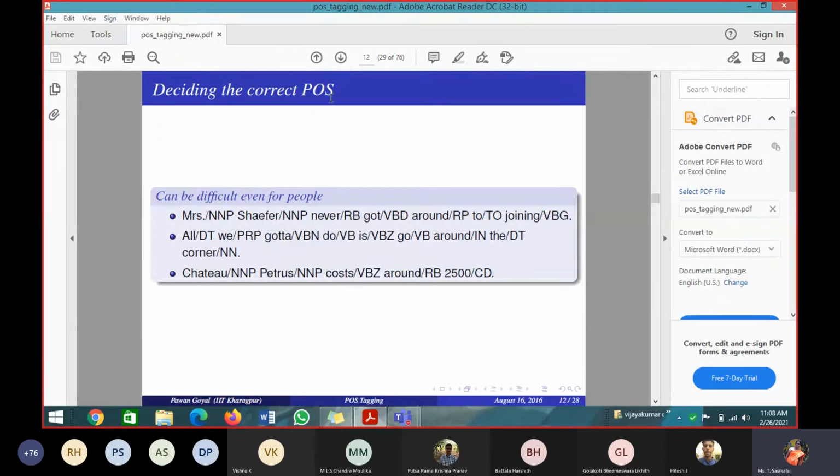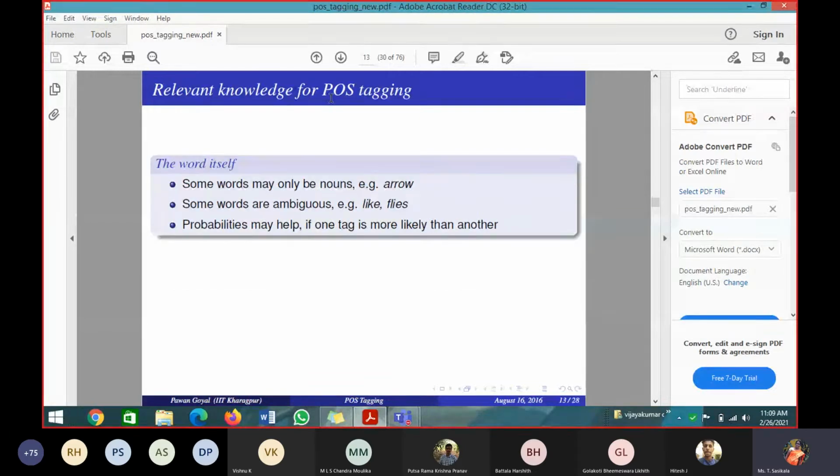Deciding the correct POS tag is difficult even for people. Normally we cannot say, so you have to apply some methodology to find out the correct POS tag for the word. They have also identified that some words may only be nouns. Some words have only one POS tag, always the same one, even if you see them in any context or form.